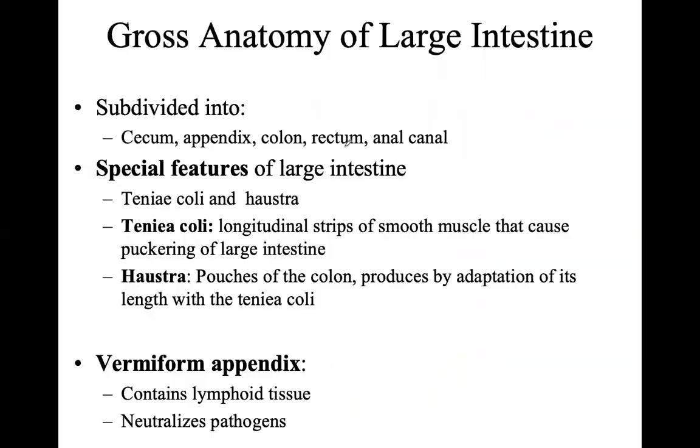So again, the taenia coli is the strip of light, smooth muscle that causes this puckering, and this puckering is basically your haustra. This helps the food effectively pass through the large intestine, absorb anything that you need, and eventually remove the unwanted material through large peristaltic movement.